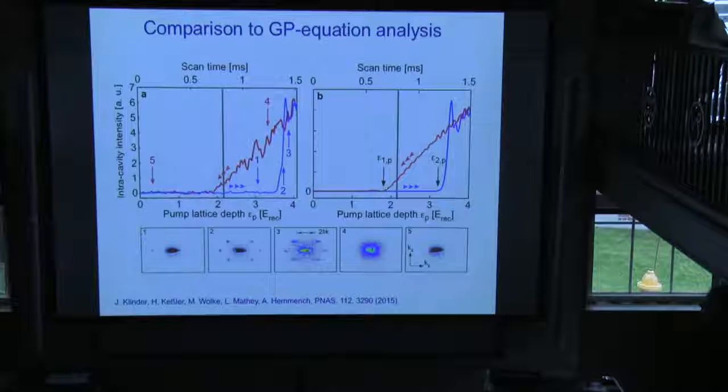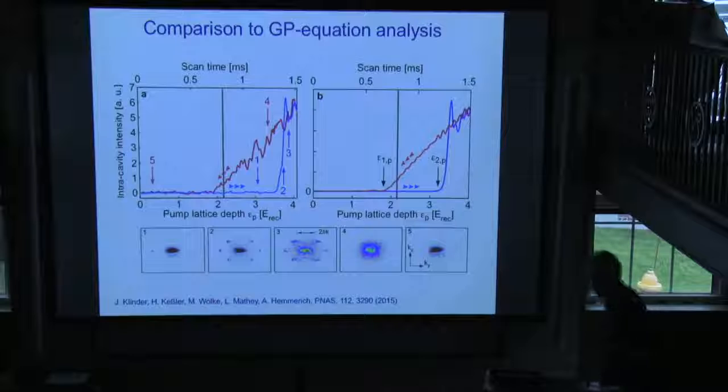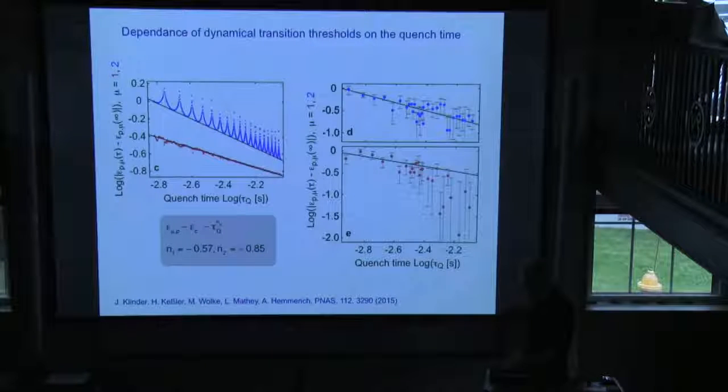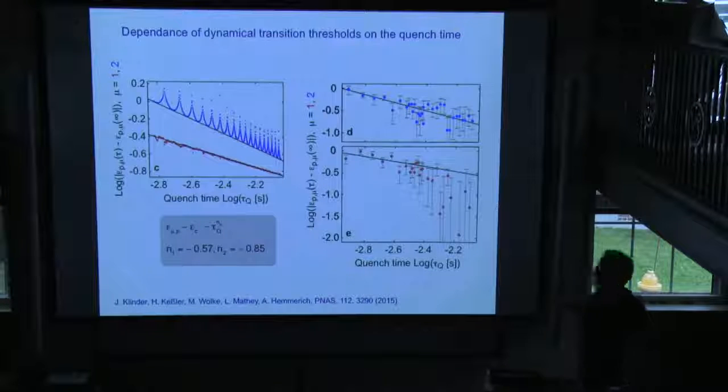This point where the system comes back down to the normal phase, and this point where the system adjusts to the Dicke phase. And now you can cross the phase boundary with different speed, and you can plot these values of the pump lattice depth, these critical values, against the speed of your quench.